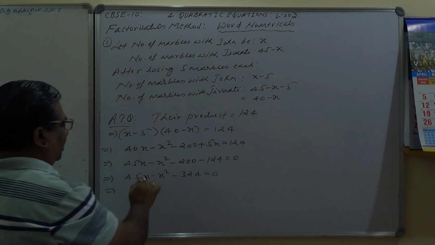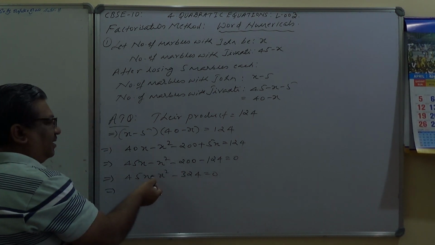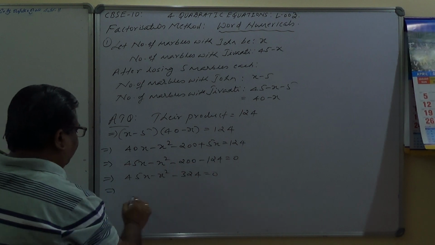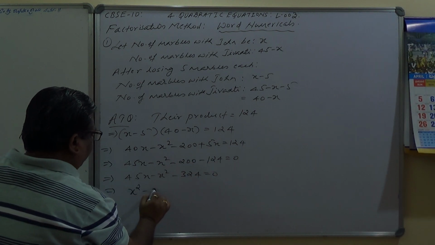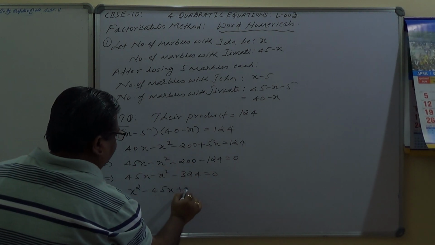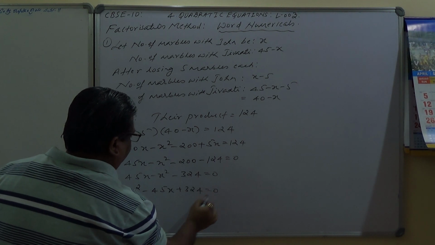So what we'll do is make X square positive, so transpose everything to that side: X square minus 45X plus 324 equals 0.